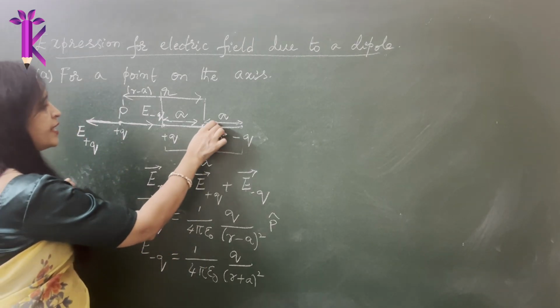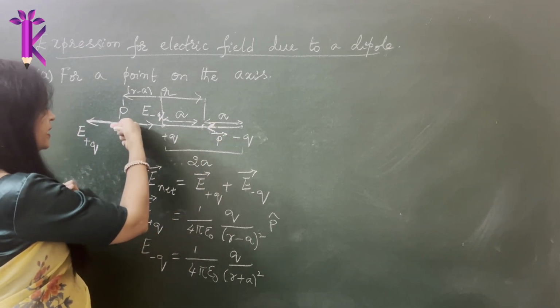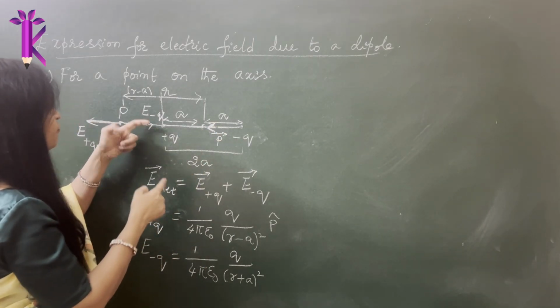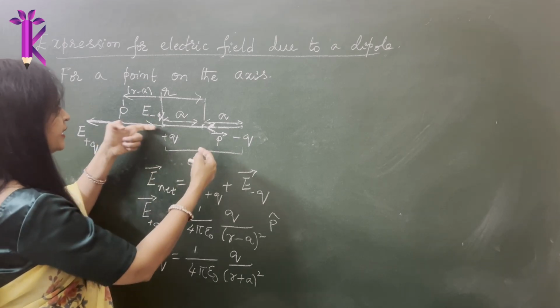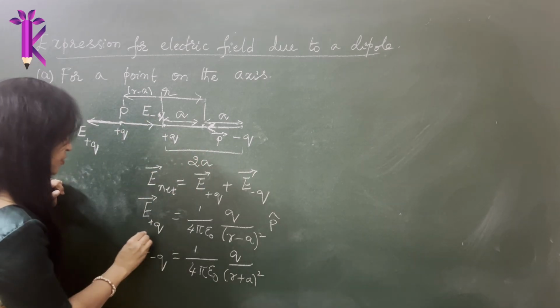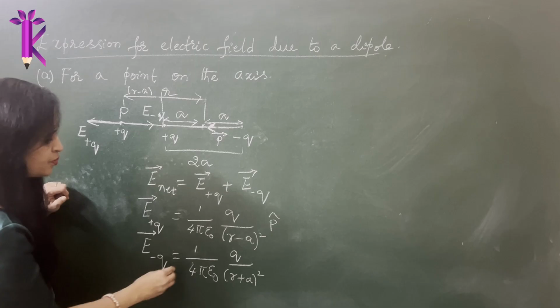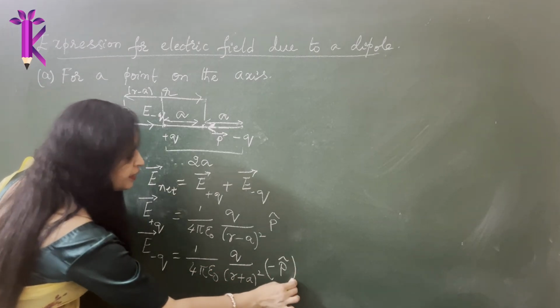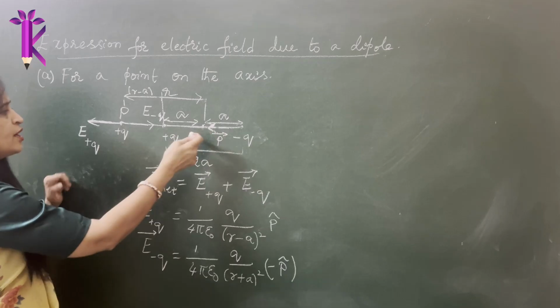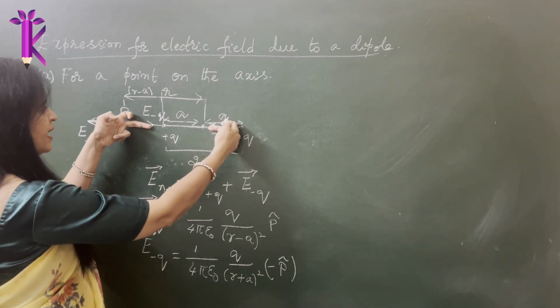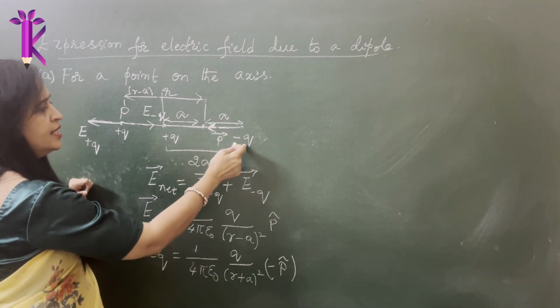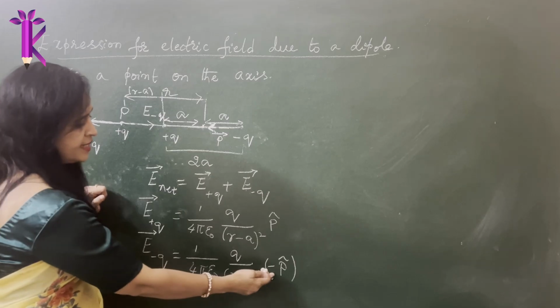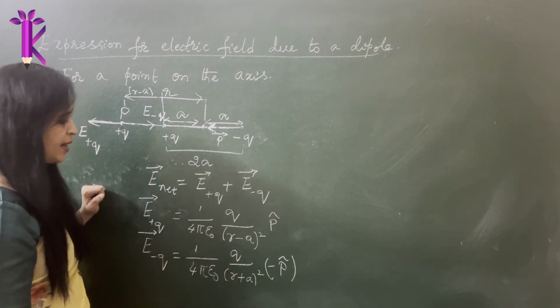But look at the direction of the dipole. Dipole is pointing in this direction, whereas the electric field due to minus q is pointing in the opposite direction. Since we are writing the direction as well, you have to write it as minus unit vector p, because they are facing opposite to each other. Electric field direction and the dipole direction due to minus q are opposite, therefore you write minus p.